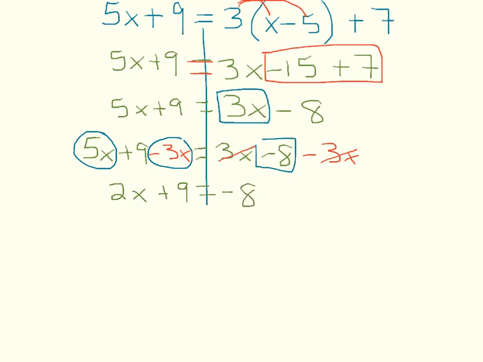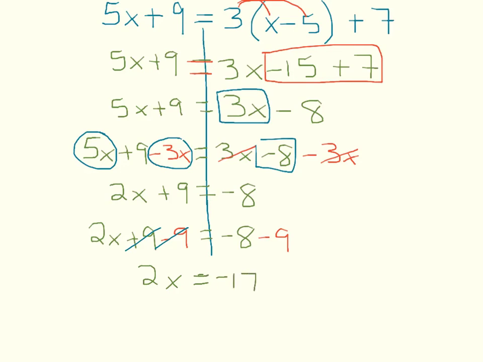So now we're to a two-step equation where we can subtract 9 on both sides. So here they cancel on the left, and I'm left with 2x equals negative 8 minus 9, which is negative 17. And then the last step, divide by 2 and divide by 2.